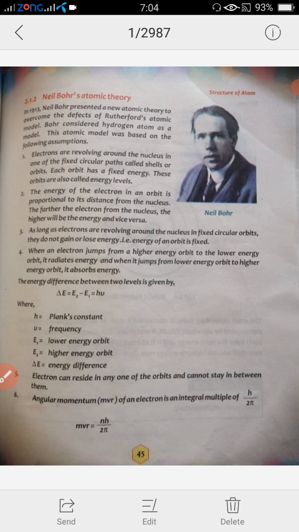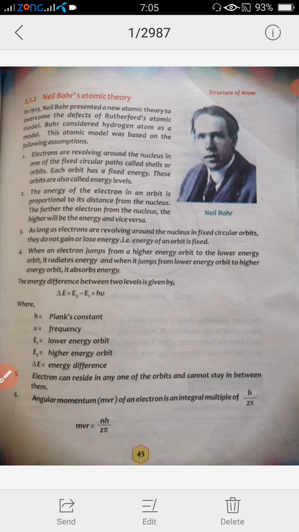In short, the distance of an object from the rotational axis multiplied with the linear momentum. So in short, students, we can say that the angular momentum is actually the distance covered by the electron in its circular path by adopting a type of motion which is known as the rotational motion.